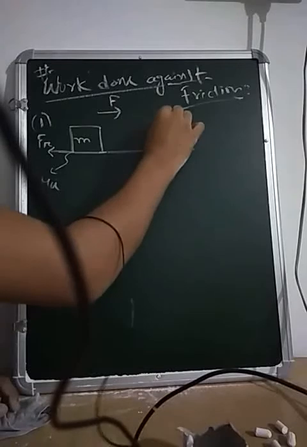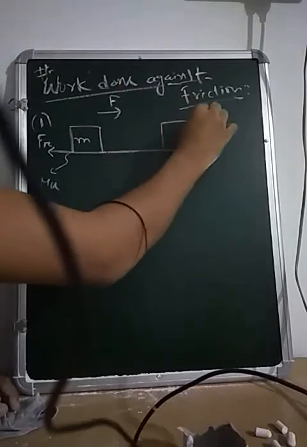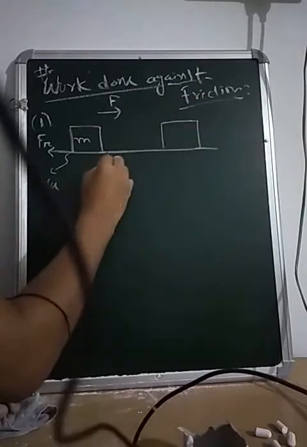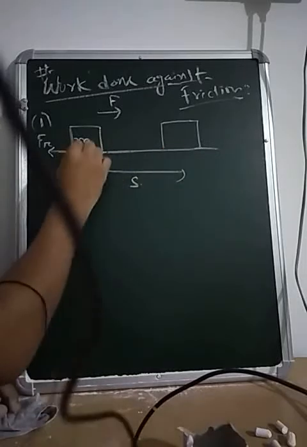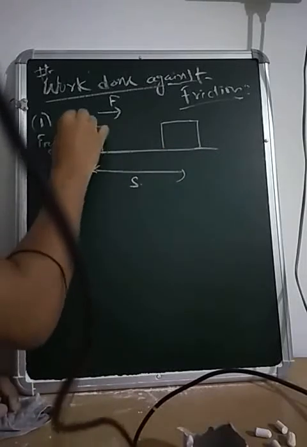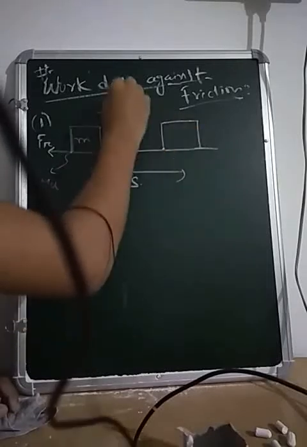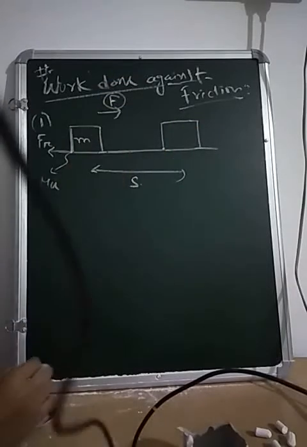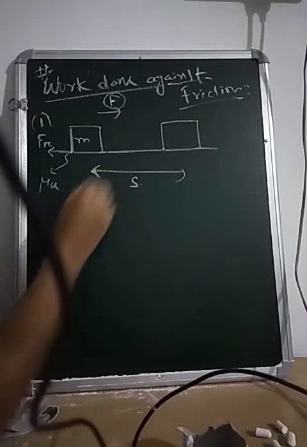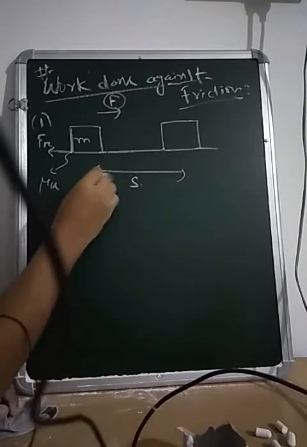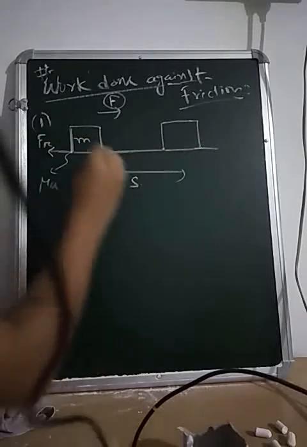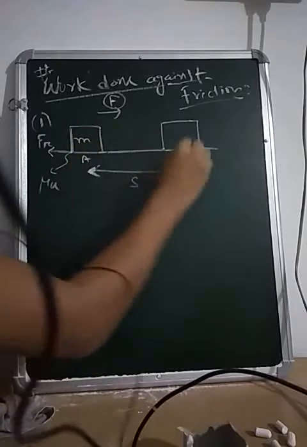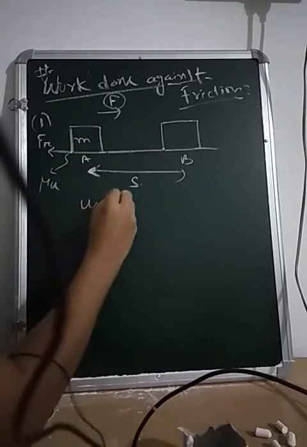After some time, the body covers a distance of s, shifting from position A to position B after application of F amount of force. The condition is that the body moves from position A to position B with uniform velocity.